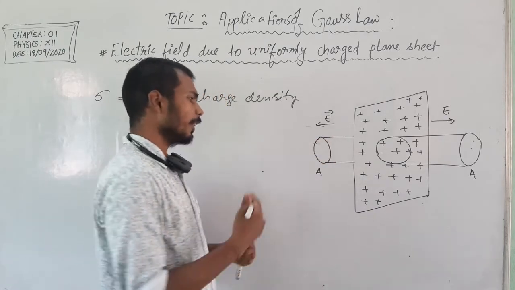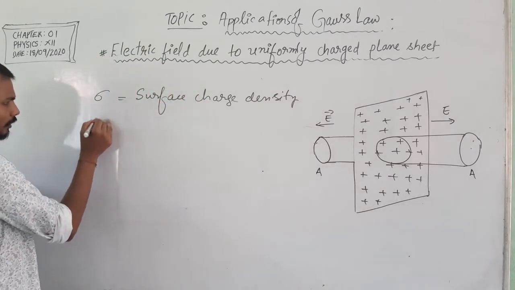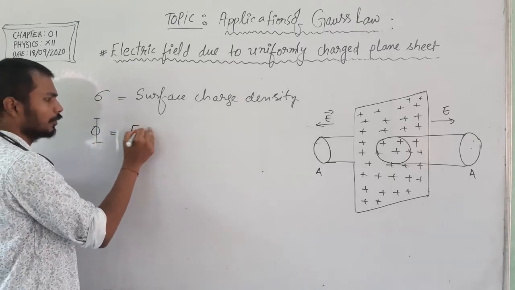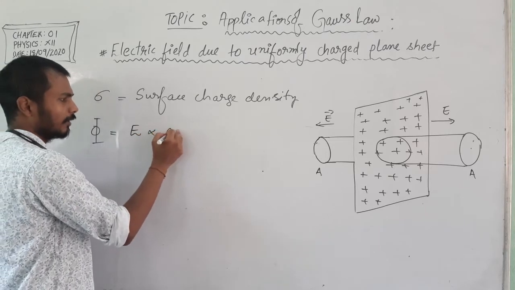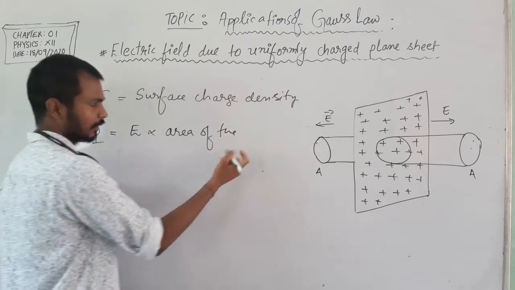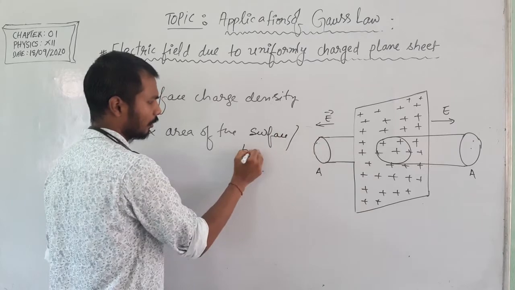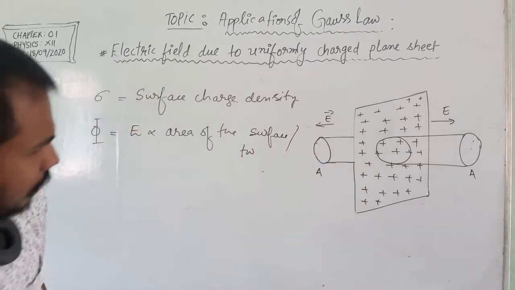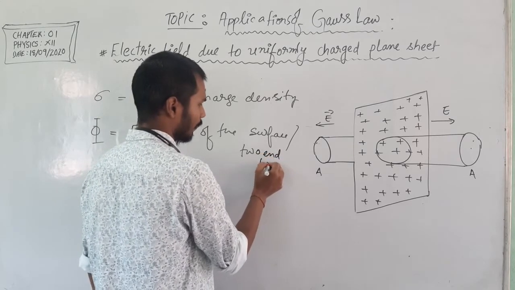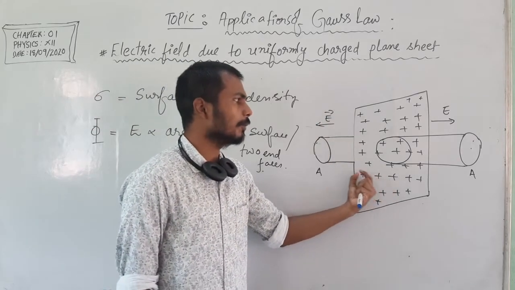Now according to the formula of electric flux, what is the formula? Electric flux is equal to electric field E into the area of the surface, for the area of the two end faces, because in this case we will get electric field in both the directions.